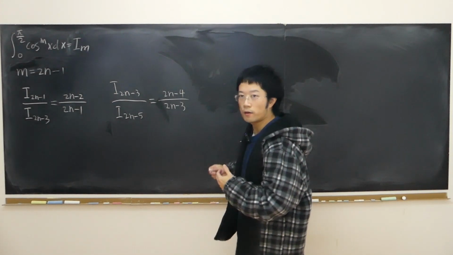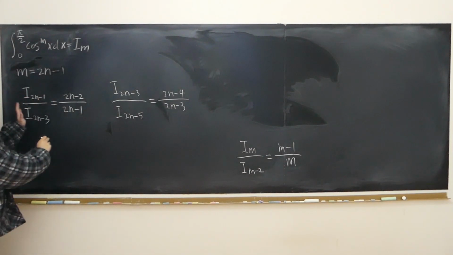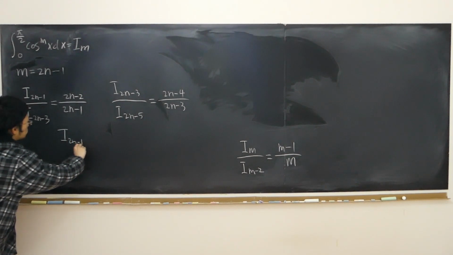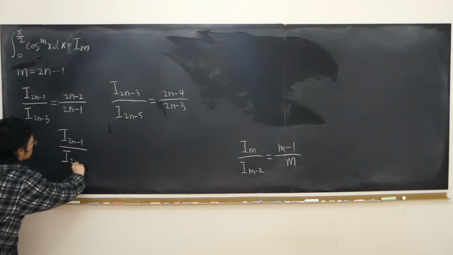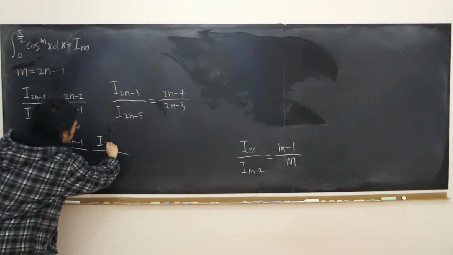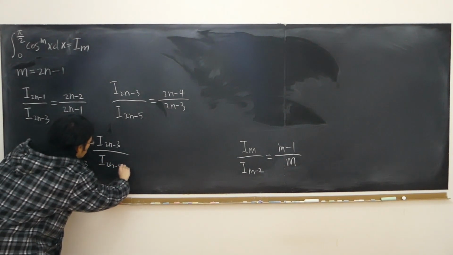So we can multiply everything out. In that case, I of 2n minus 1 over I of 2n minus 3 multiplied by I of 2n minus 3 over I of 2n minus 5.